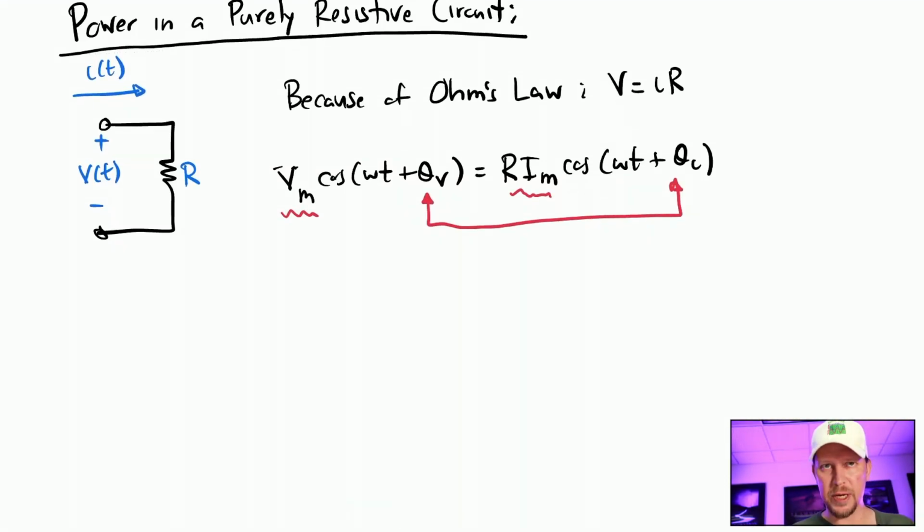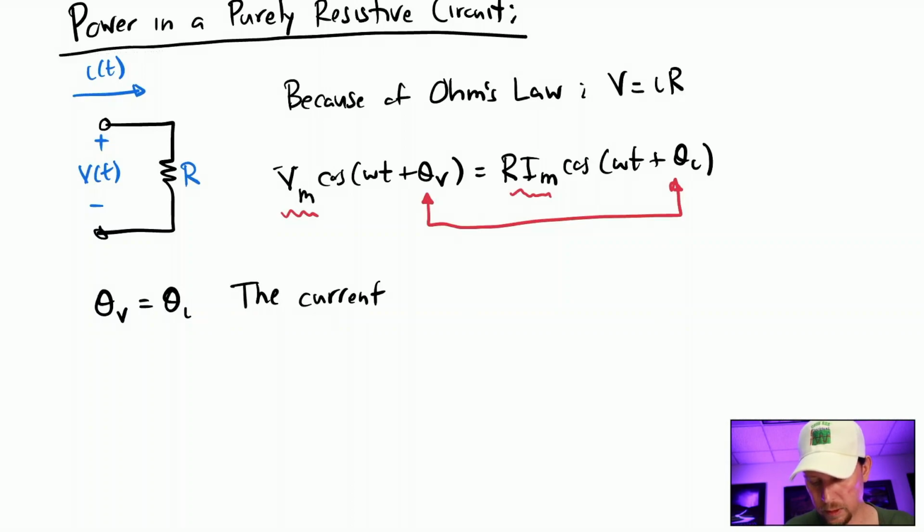So one property of purely resistive circuits, even for ones being driven by sinusoidal sources, is that the phase constant for both the voltage and the current is the same. One way to say this is that the current and voltage are in phase.